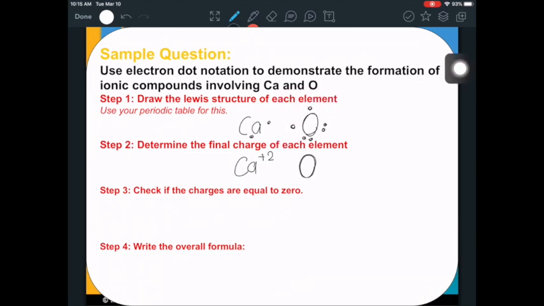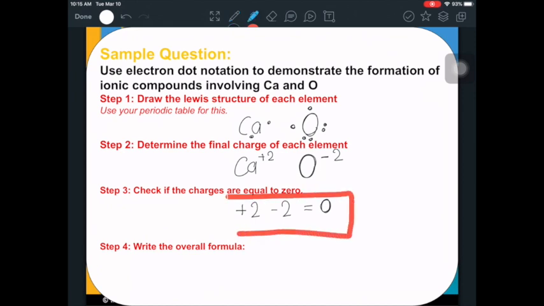So oxygen should be -2. So I want to check to see if these charges are balanced before I go any further. +2 and -2 equals 0. As long as your answer is equal to 0, then you can proceed with the actual reaction.